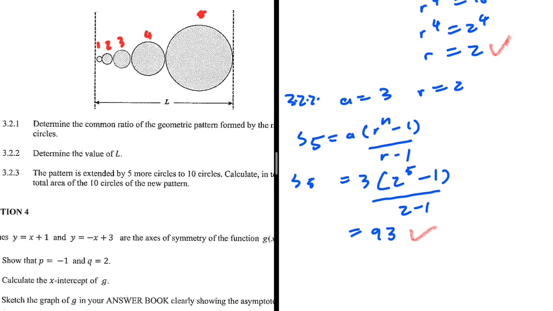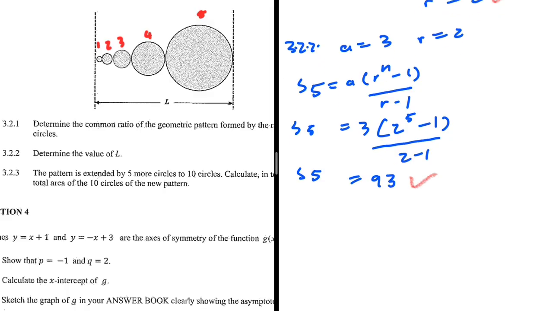So that is 3.2.2. We're not done because this is the sum of the radii, and the diameter is equal to 2R because L is the sum of the diameters. So D will be equal to 2 multiplied by S5. This is the sum of the radii, and we are looking for 2 times that. That is what L represents, the diameters of the circles.